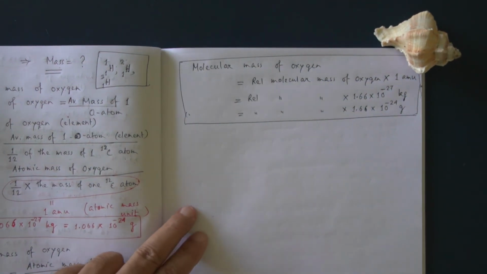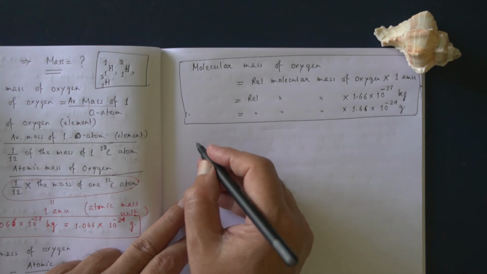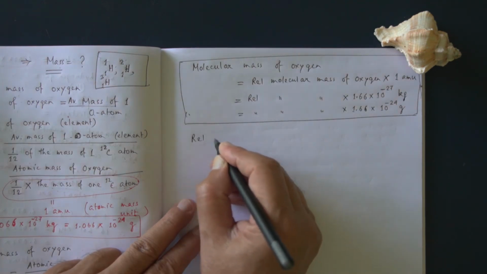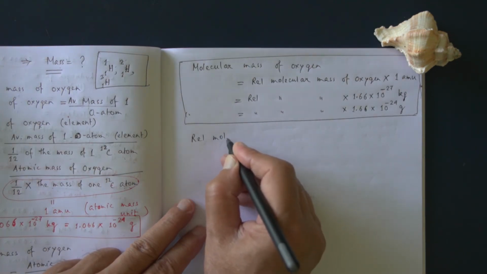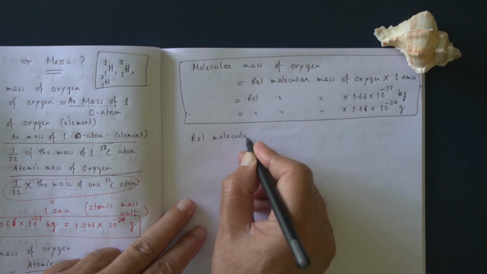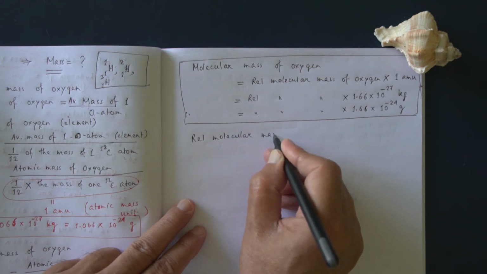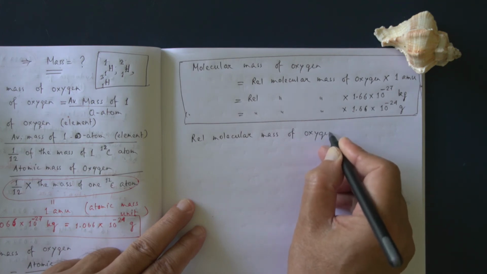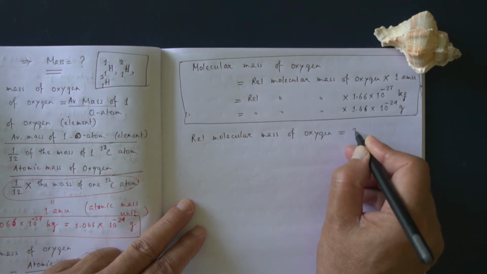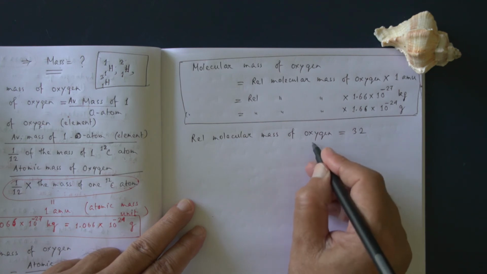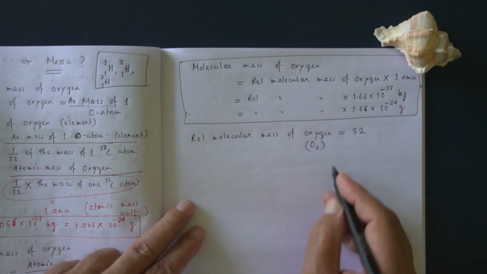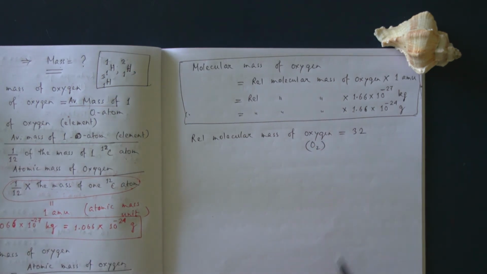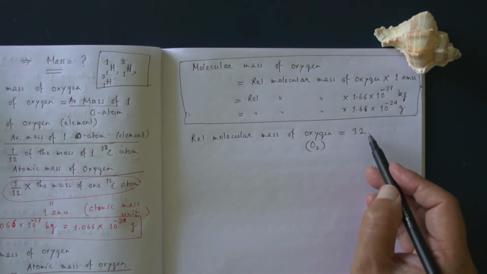Okay, now you see relative molecular mass of oxygen, because oxygen is O2, 16 plus 16 is 32, no unit.